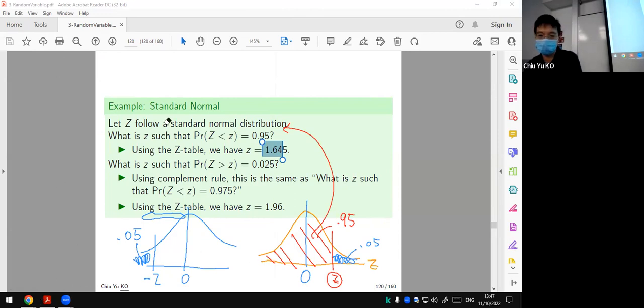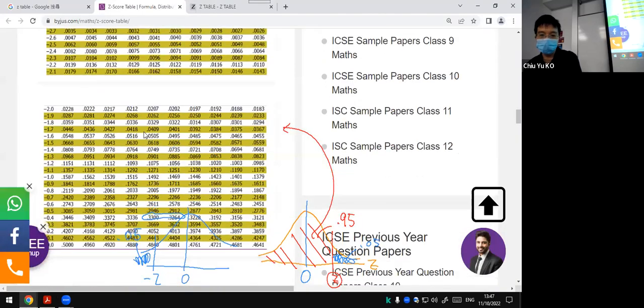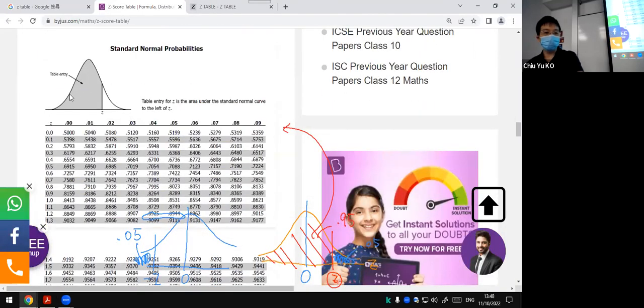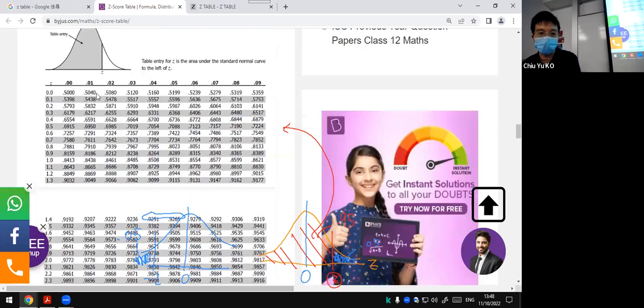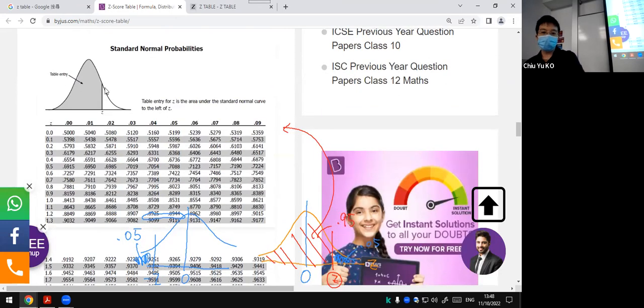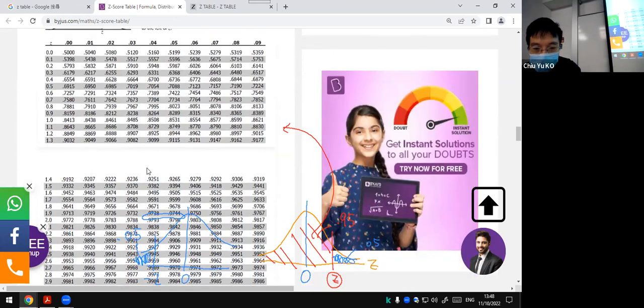In the case of this other table, it's easier because it already gives the area. So we just look at 0.95 in this table, because it's exactly what we want. I don't know whether you can see clearly, but it will be this one.